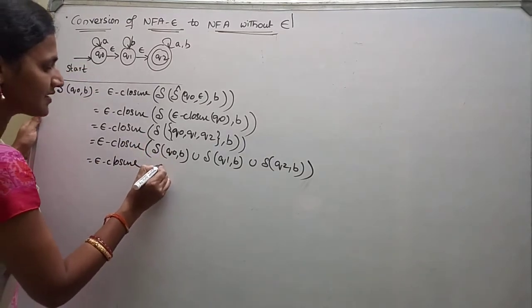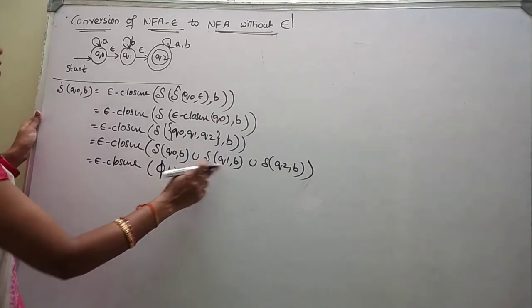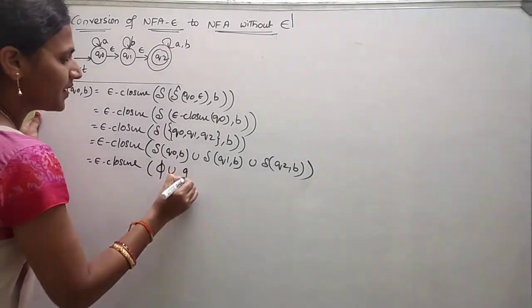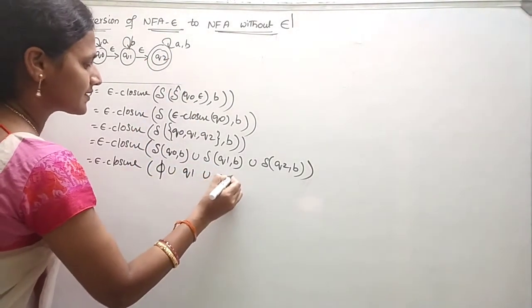We don't have any transition, so we use the empty string, phi, union Q1 of B is Q1, union Q2 of B is Q2 itself.